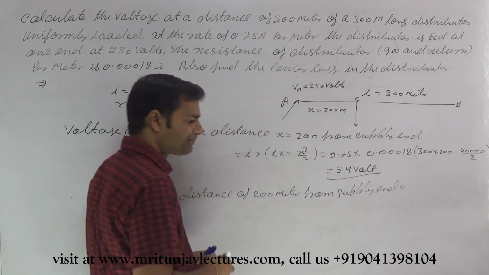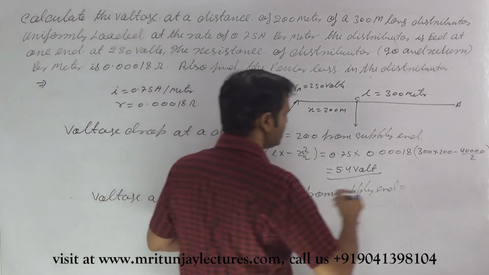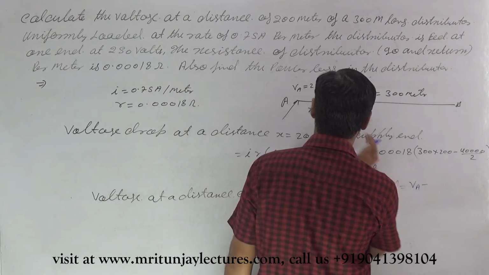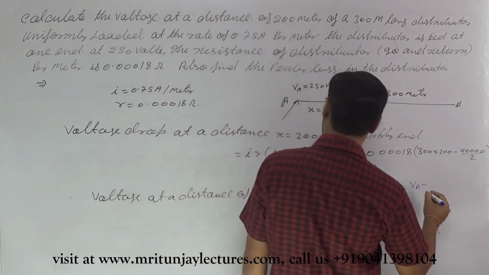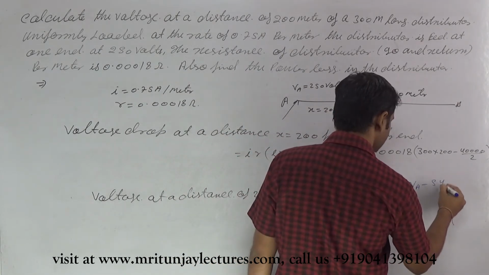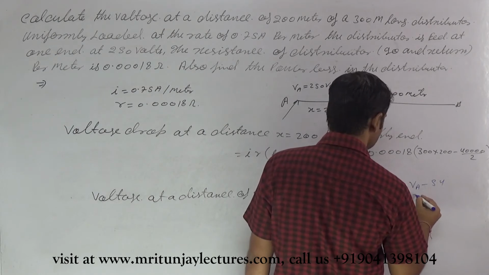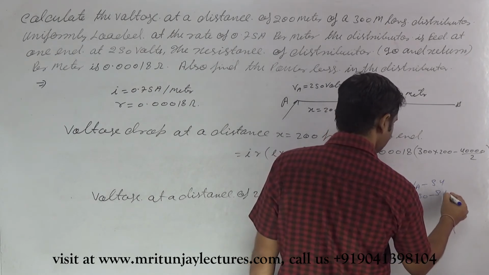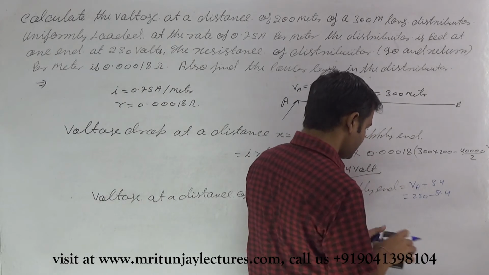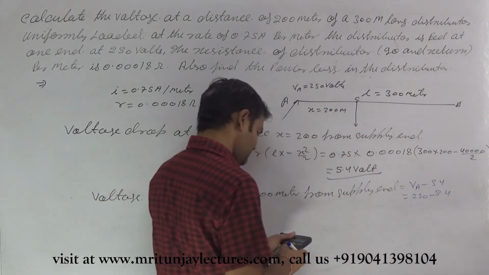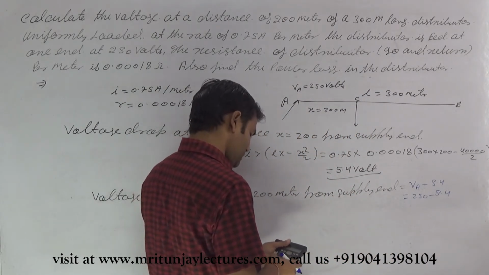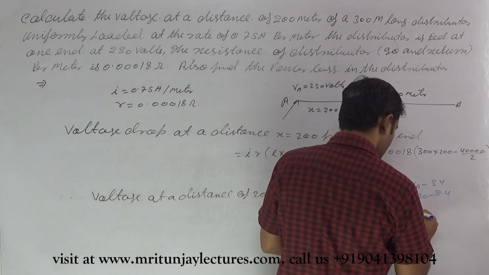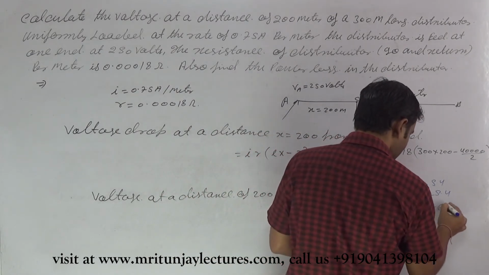That is VA minus voltage drop corresponding to this one. Okay, so that is 5.4. Finally, that is 250 minus 5.4, we got 244.6 volt. Clear?